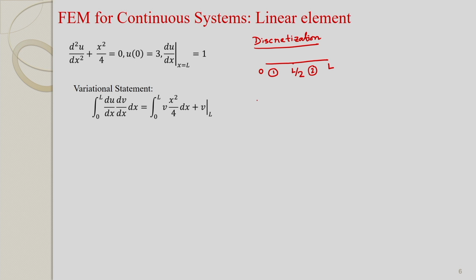Let us consider one element having left coordinate x e1 and right coordinate x e2, where e is the element number. First, there is one mapping involved. So, this is our physical domain, and this is our master domain.